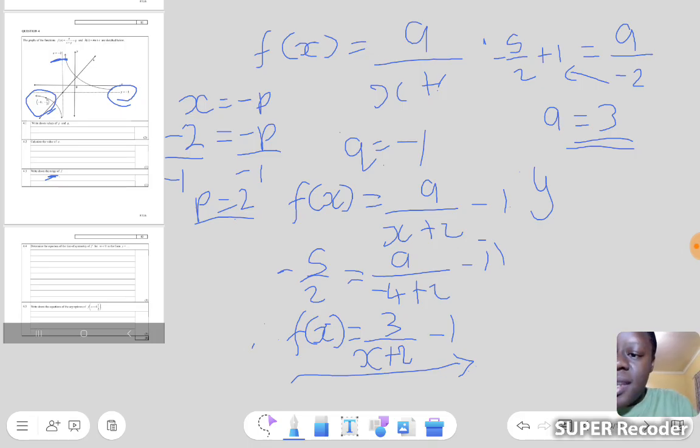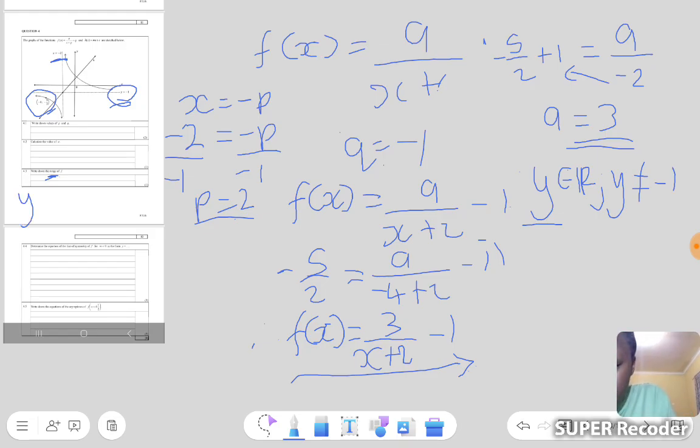So in this case, for our y, it will be every value of y, being written as y is a real number. But remember that we have an asymptote that is negative 1. Y will not be equal to negative 1.